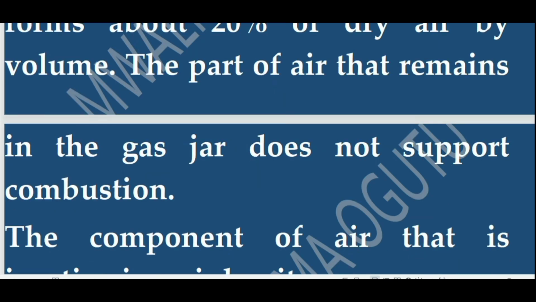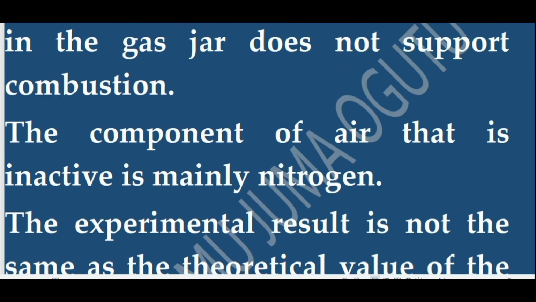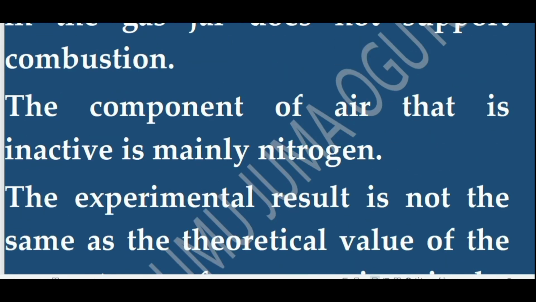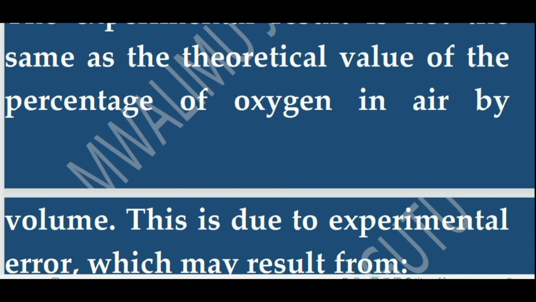The component of air that is inactive is mainly nitrogen. So the highest percentage of the mixture of air that remains inside the gas jar is mainly nitrogen. The experimental result is not the same as the theoretical value of the percentage of oxygen in air by volume.